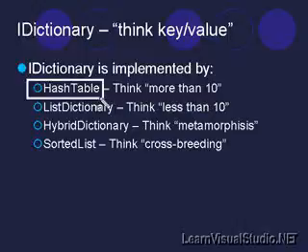Now there's a unique third option, which is the HybridDictionary, which takes the best from both worlds. Think of metamorphosis whenever you think of the HybridDictionary. It starts out as a list dictionary, and then as it grows, it becomes a hash table. Whenever you get to the 10th element and add the 11th one, or something along those lines, in that ballpark, it will change from a list dictionary and set up the entire hash table in anticipation that more items will be added.